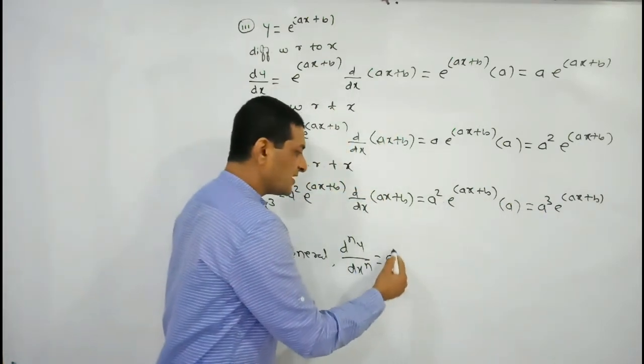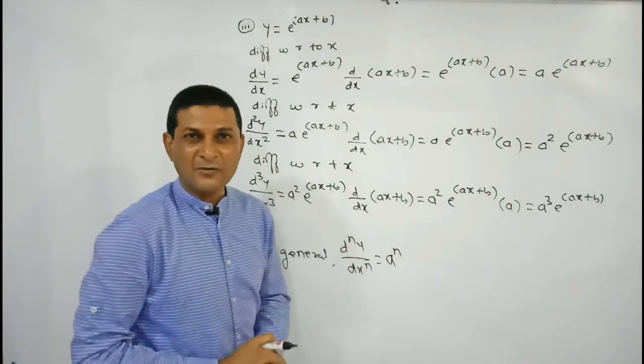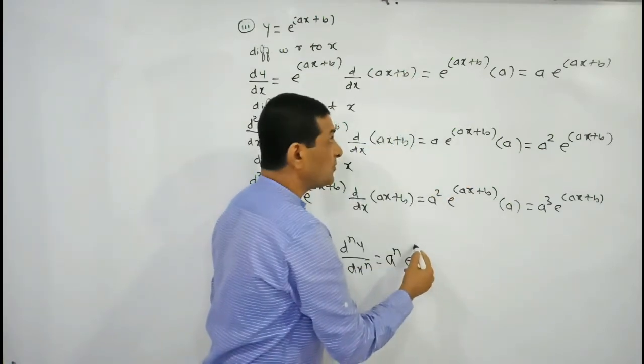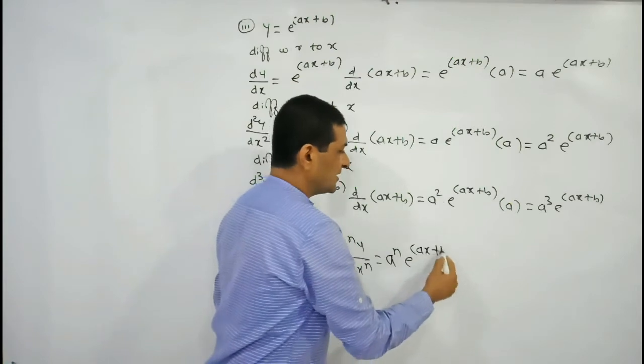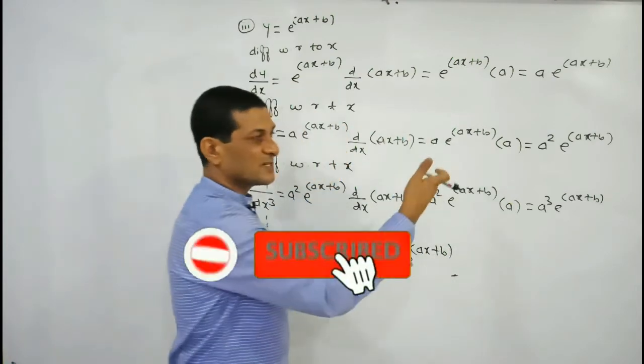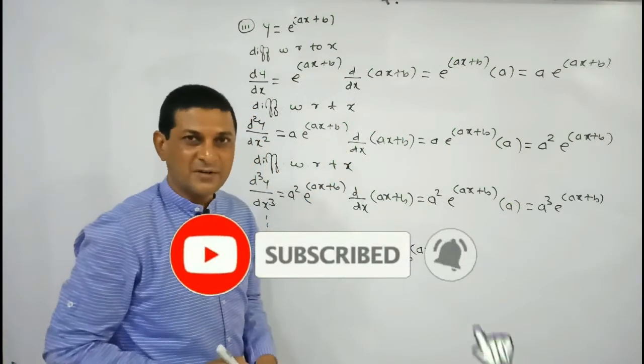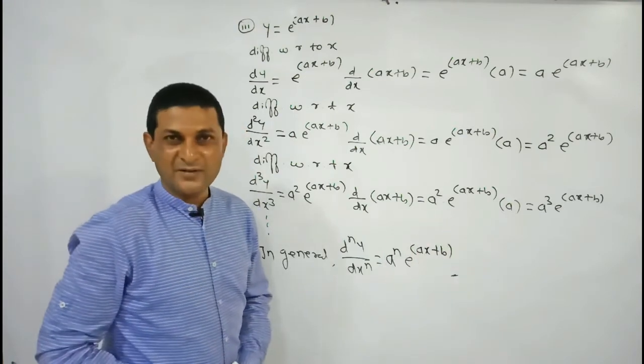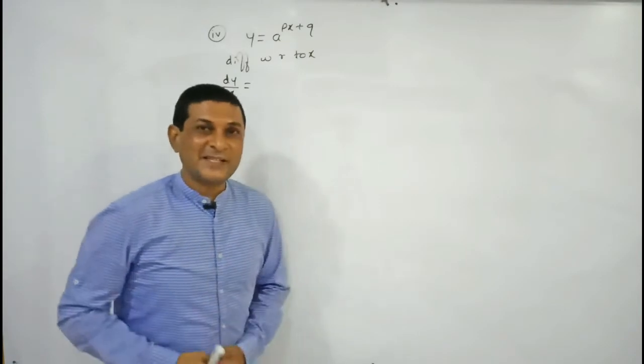So in nth order derivative we can easily say that power of a will be n. And what is the next term in every function? e raised to power ax plus b. So observing the value of first order, second order and third order derivative, we are easily able to find out the value of nth order derivative also. Now see the example number 4th.